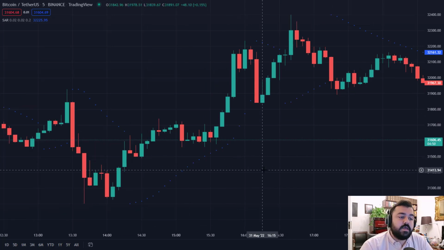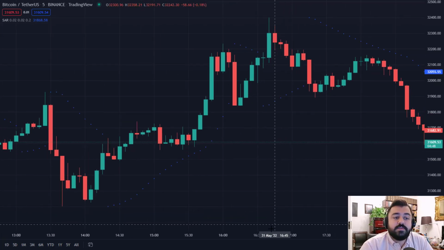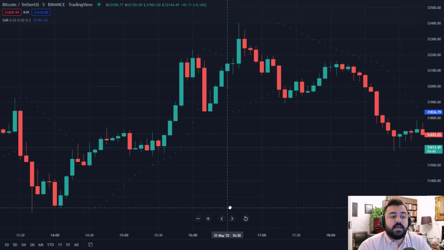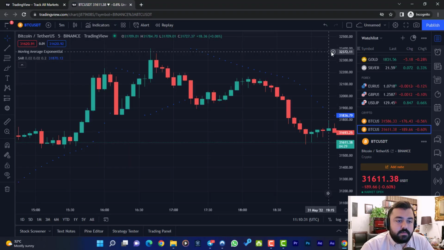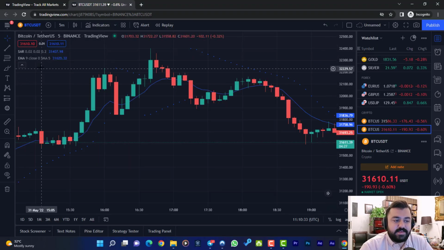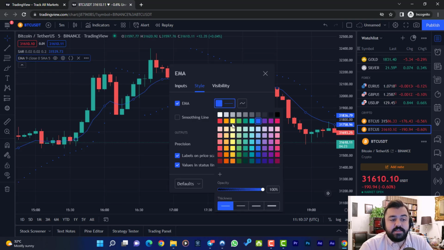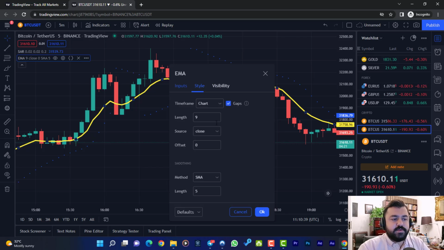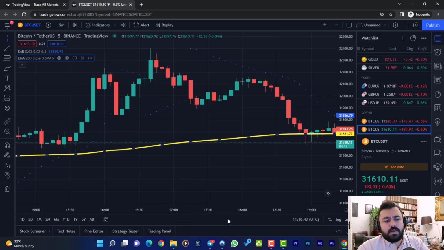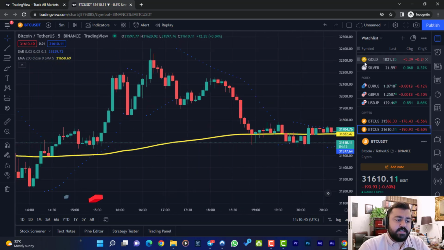And that is why the solution to this is you need to combine the Parabolic SAR with another indicator that can detect the long-term trend. An example of that would be the 200 period exponential moving average. So here's how the full strategy would work. The first step is you want to identify the long-term trend.